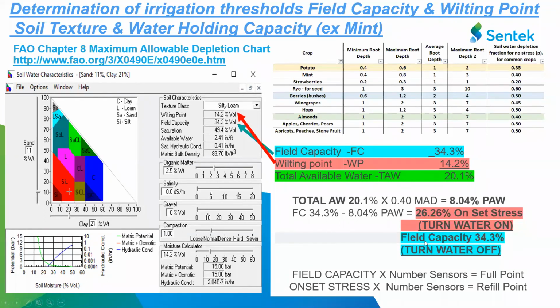And then if you have irrigation, once you've reached field capacity, there's not a reason to keep watering past field capacity. You'll start to leach your fertilizers and so forth. And then once you have these two parameters in our software, you just have to multiply it by the number of sensors, and then you could see it graphed as full point and refill point on a root zone profile format. We're going to see some examples on graphs from those.